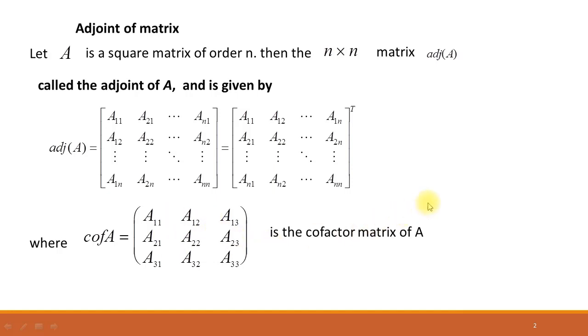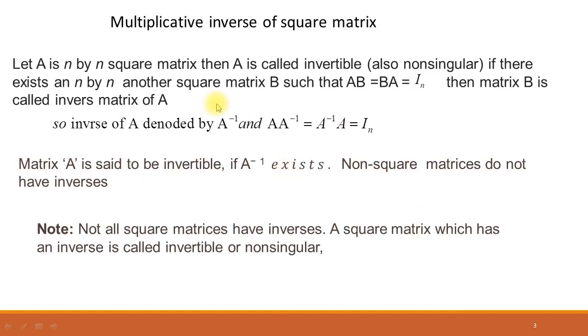And then we have discussed the definition of the inverse of a square matrix A. Suppose we have a square matrix A, then the square matrix A will be invertible if there exists another square matrix B of n by n order, such that AB is equal to BA is equal to the identity, and the identity matrix will be the matrix of the same order n by n.